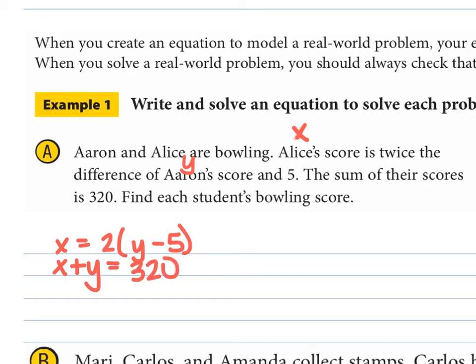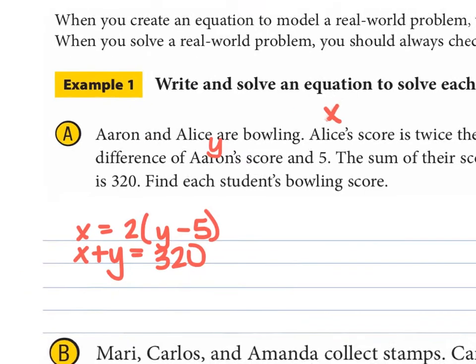So if together they equal 320, we are going to have to distribute. We're going to set up the sum of these two equations.